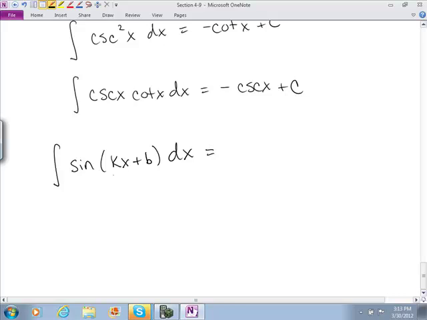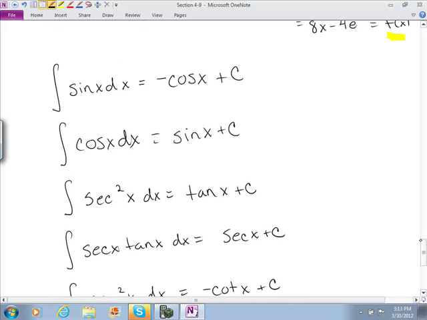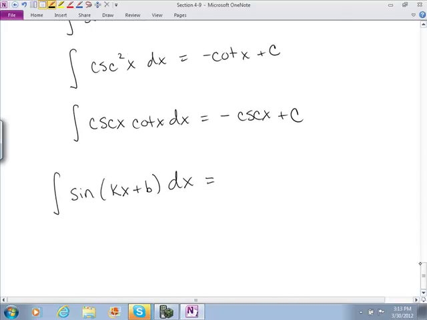So if you want to handle it, you're going to have to divide by that k. Now, we know the antiderivative of sine is negative cosine, so we'll have negative 1 over k cosine kx plus b plus c, as long as k is not equal to 0, which would be silly anyway.